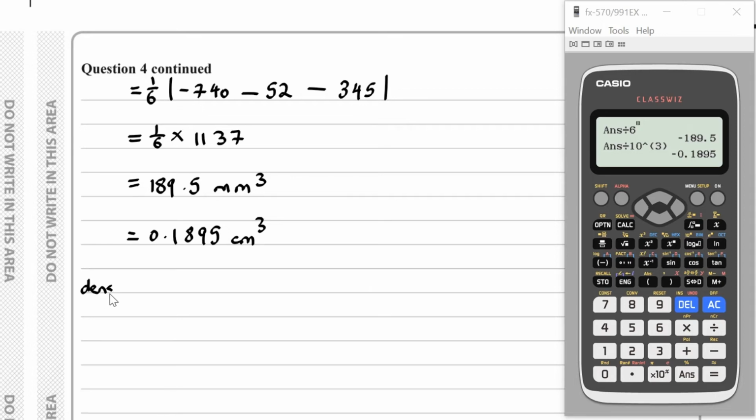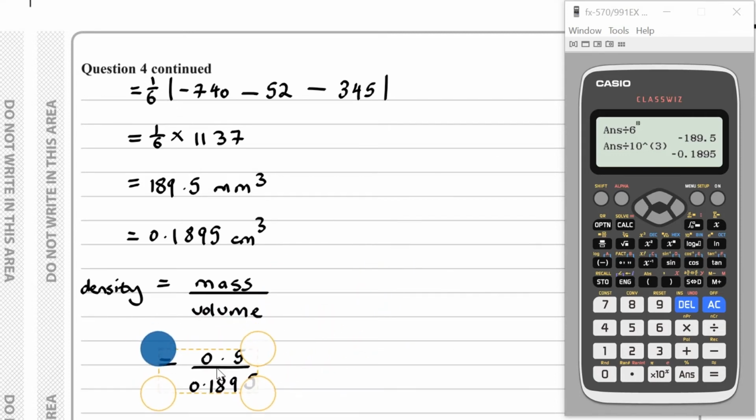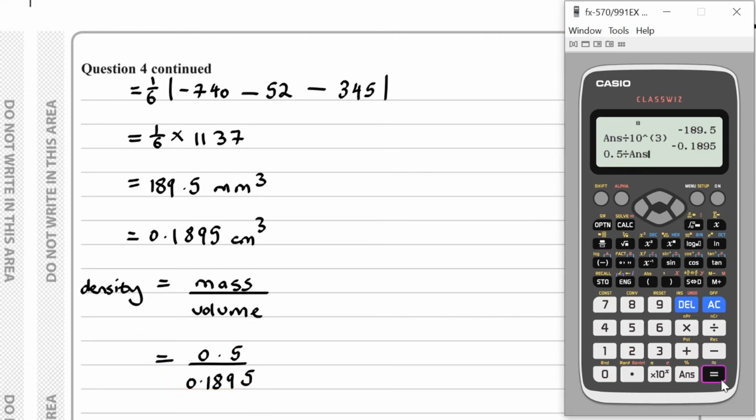So we have the mass, which is 0.5, the volume, which is 0.1895. Okay, so let's just move this here. So we have 0.5 divided by this.